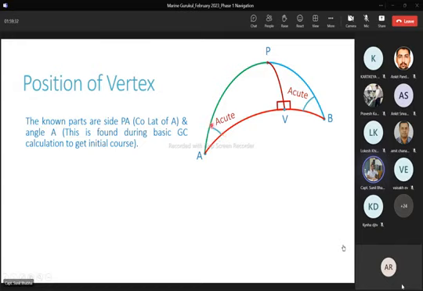The angle A can be easily found using the basic great circle calculation using the cosine formula. So these two parts are known to us. Let's show them by a green tick mark. You can see a tick mark coming at Papa Alpha and at angle Alpha.